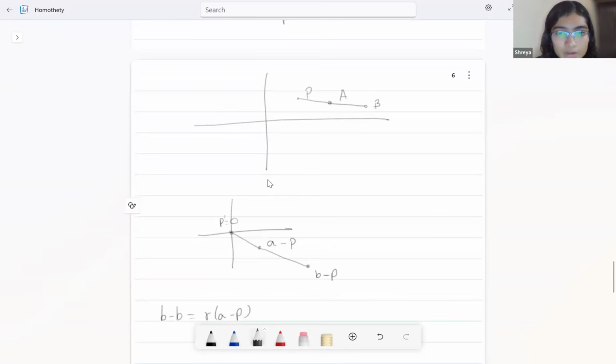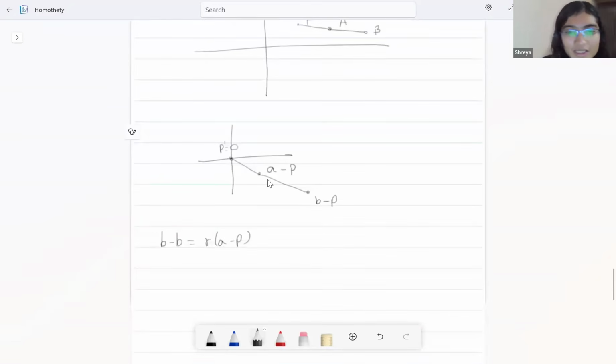Again, terrible diagram. These two are not in the same direction, but it's fine.